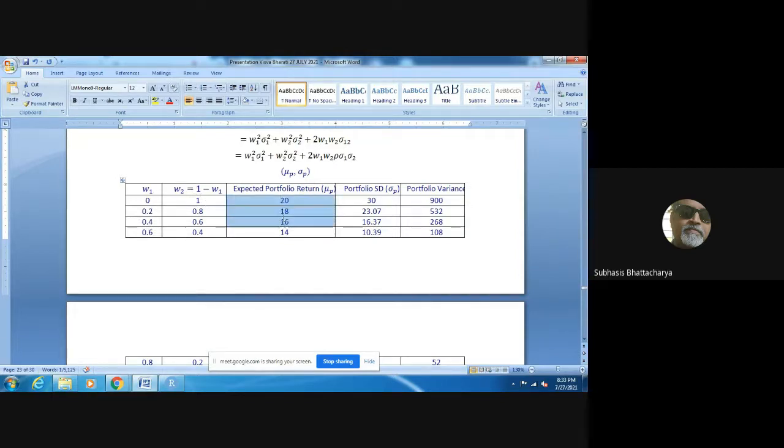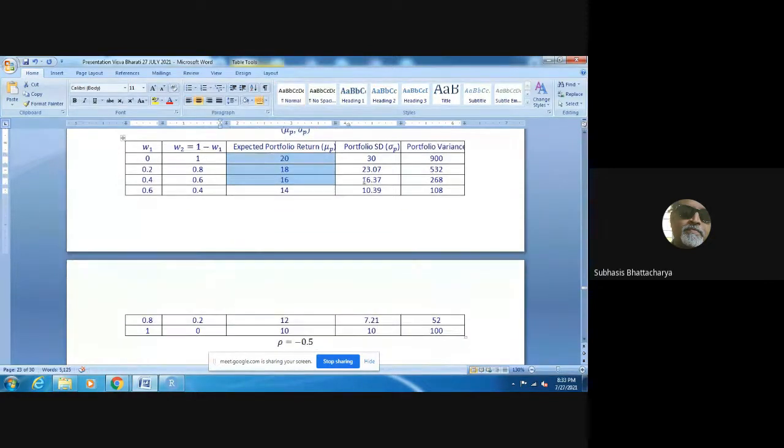This column shows the expected return, and these are the risk of the portfolio under different shares of my wealth, and these are the portfolio variances, that means the square of this. One important thing is given to you: the correlation coefficient between the two assets is -0.5.